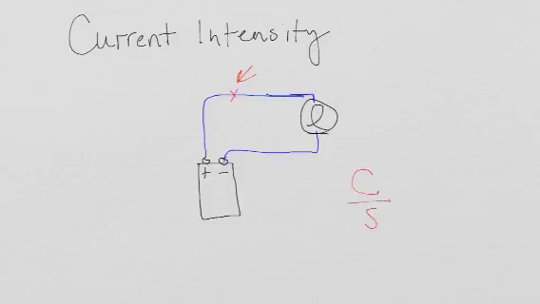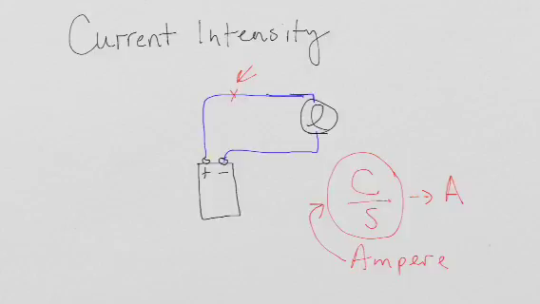Coulombs per second. Do you see that? Well, the concept of coulombs per second is actually equal to something called an ampere. Okay, an amp. All right? So an ampere measures the amount of coulombs that pass through a spot in a circuit every second.